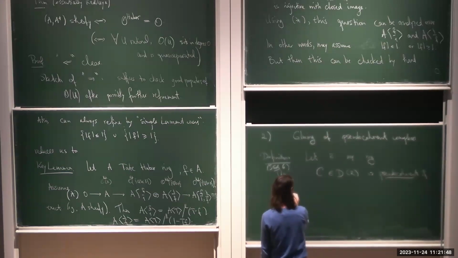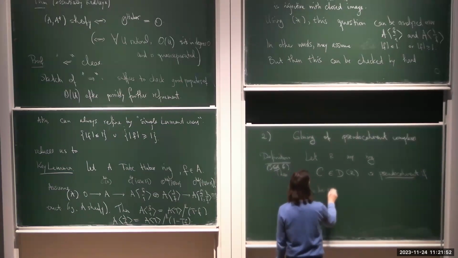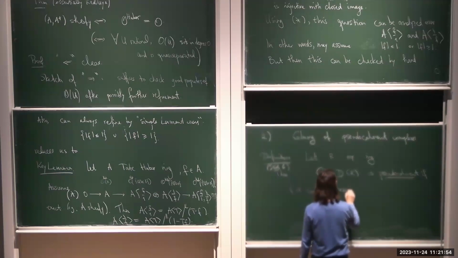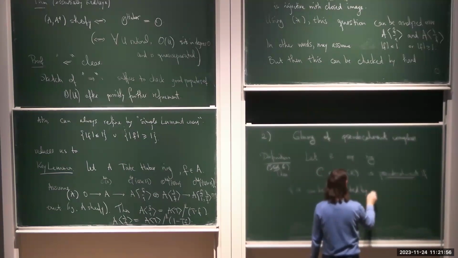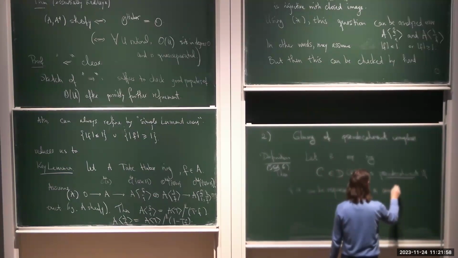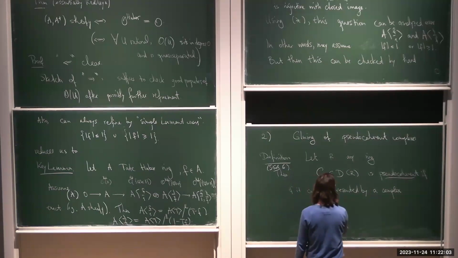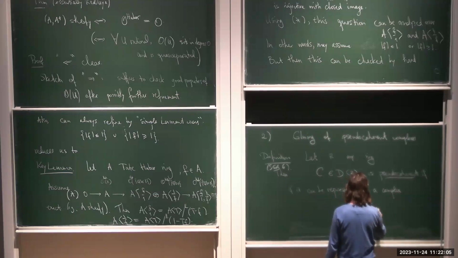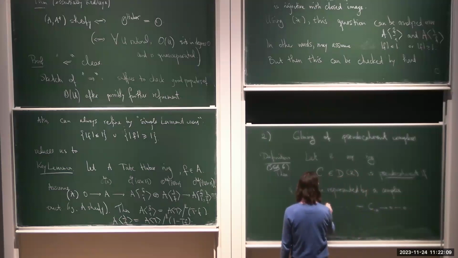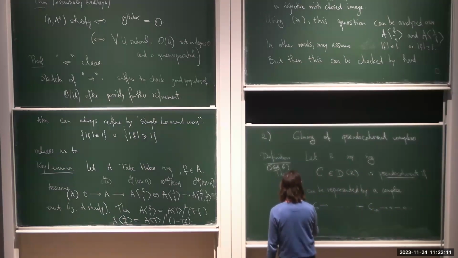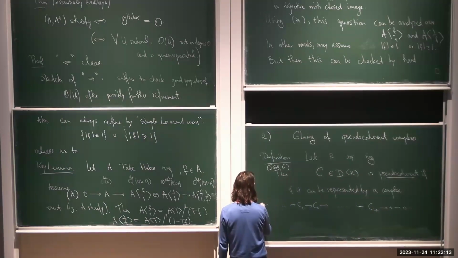If it can be represented by a complex that goes up to some C^{-n}, but then it goes to 0, but then can go arbitrarily far to the left.